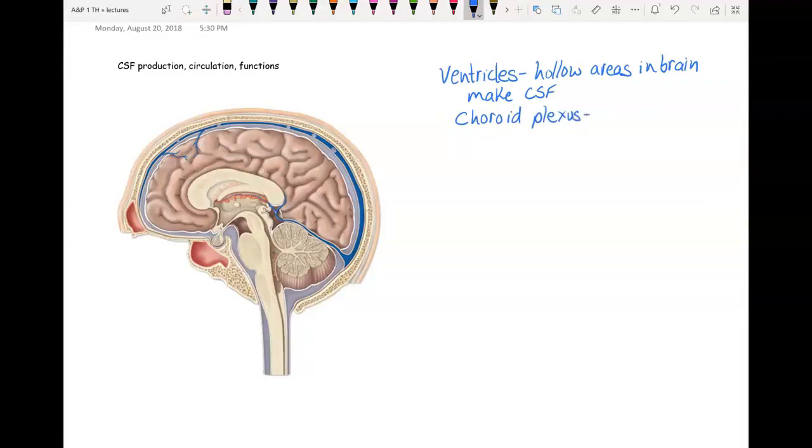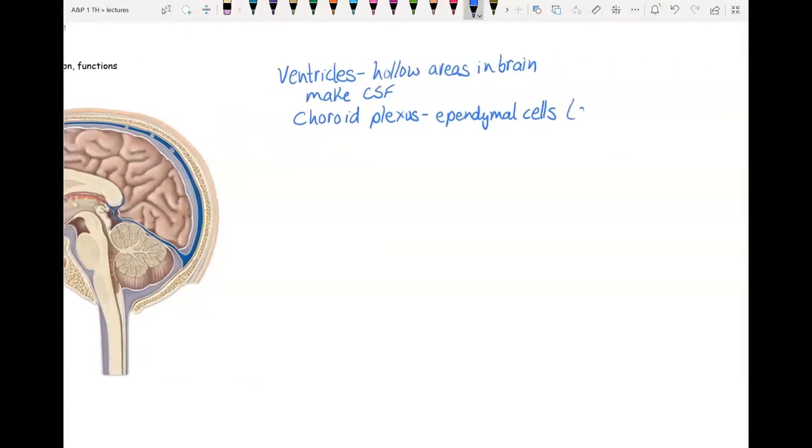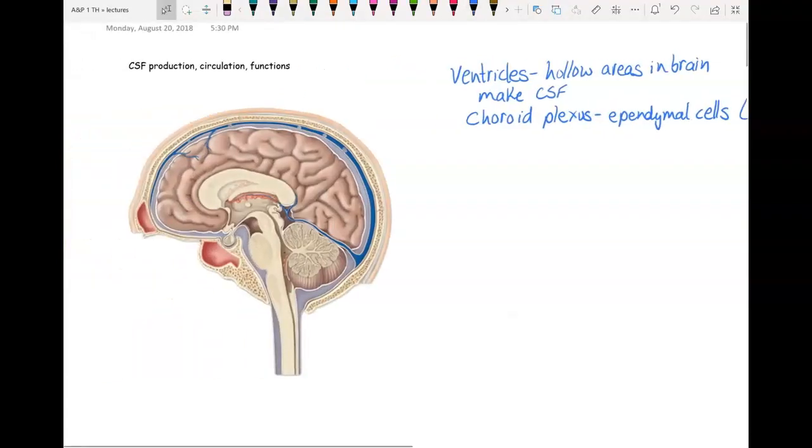This is made of ependymal cells. You should recognize these from chapter 12. These are glial cells. Remember, glia are the cells that support neurons.